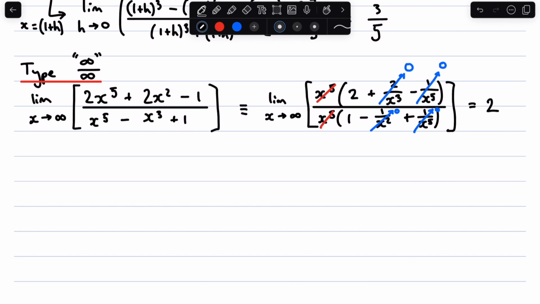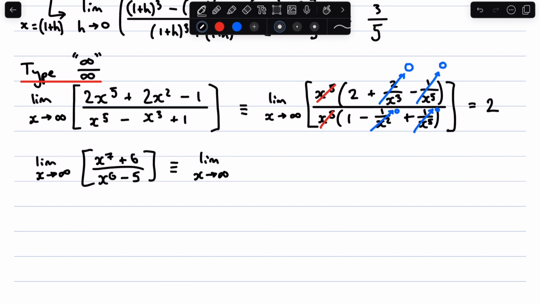And we should have expected this finite answer because the dominant powers on the top and the bottom are the same. Whereas if we look at a case where they're not the same, as in limit of x tends to infinity of x to the 7 plus 6 divided by x to the 6 minus 5, if we factor out the smallest dominant power from either the top or the bottom, we'll get the limit as x tends to infinity.